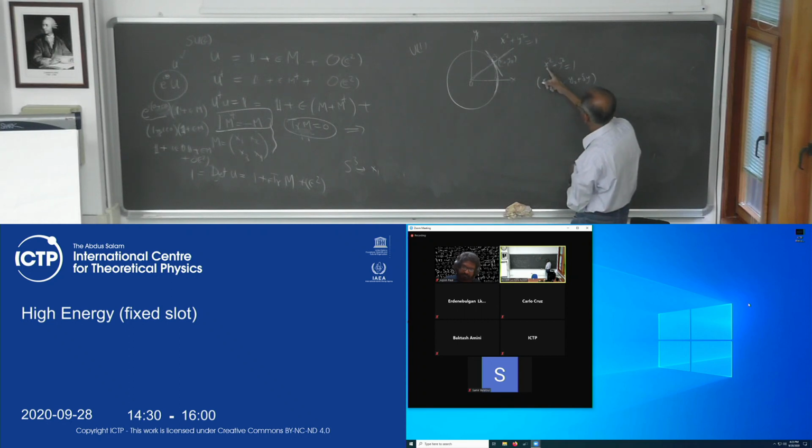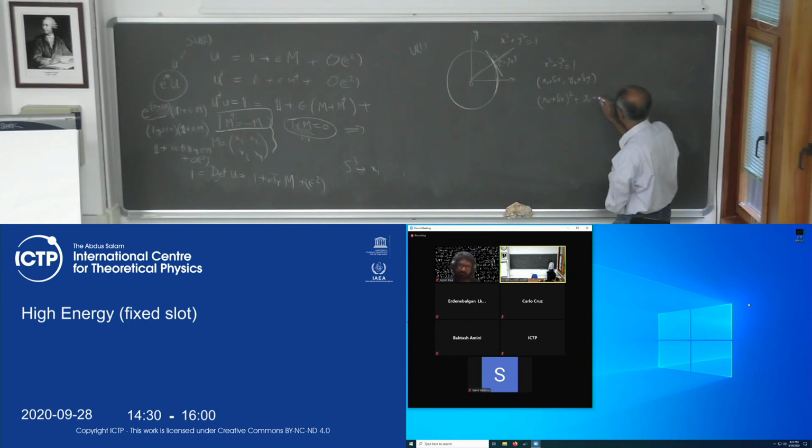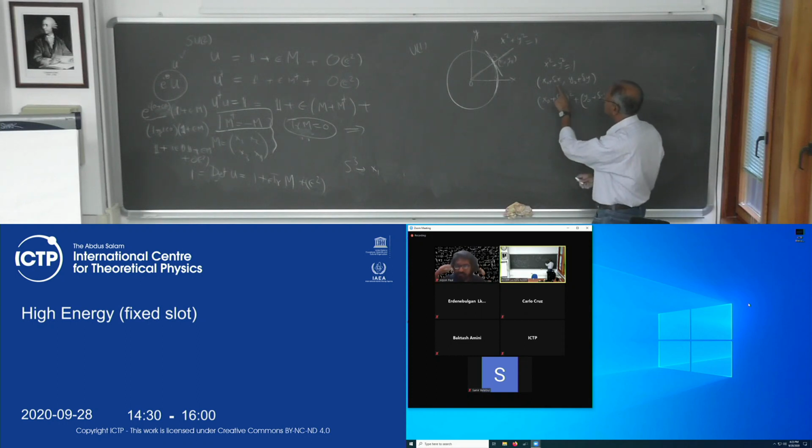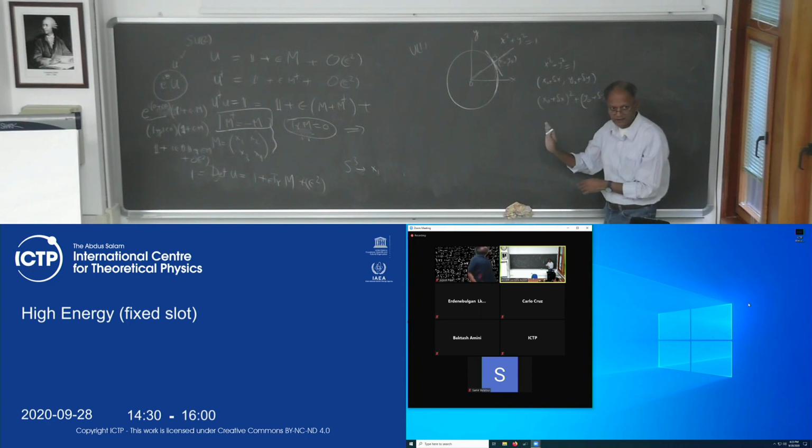For that, I just have to plug into this equation and check. x naught plus delta x squared plus y naught plus delta y squared. Let's open this up, and we'll keep only terms up to first order. Imagine I have put an epsilon here, and I just want to keep the linear term in epsilon, not epsilon squared, so throw that out.